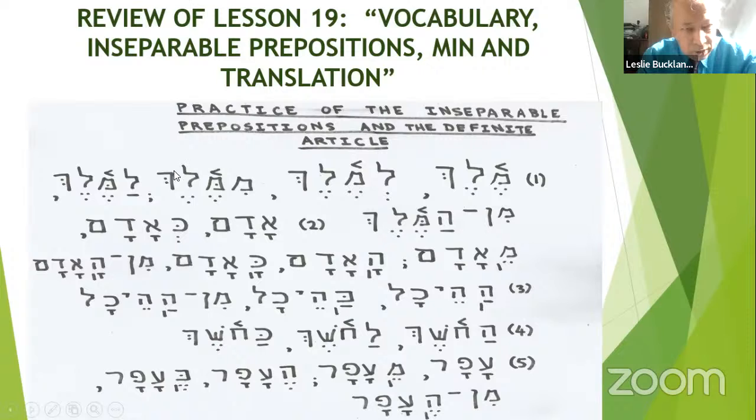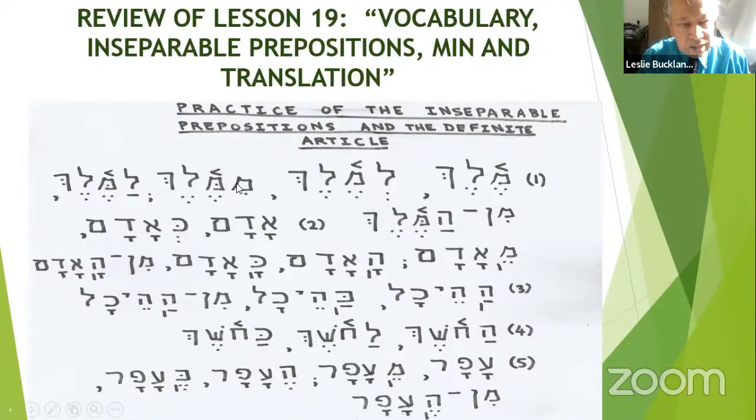Okay, Brother Solin, how would you pronounce this word here? Bimelek. Okay, and what would you translate it into English as? A king. Okay, now notice that the noon or the N in min has disappeared. That's what happens when the min is attached to a noun and becomes inseparable.